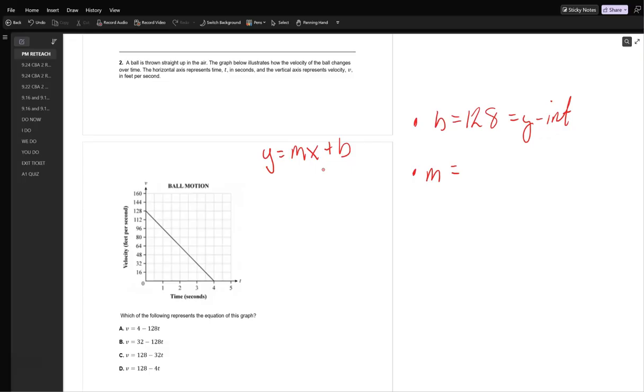So we need 2 points. And any point involving zeros is typically a good point. So this one's going to be 0 and 128. This is going to be 4 and 0.